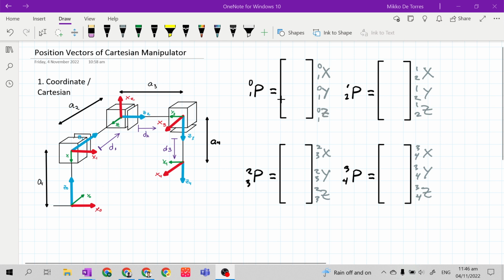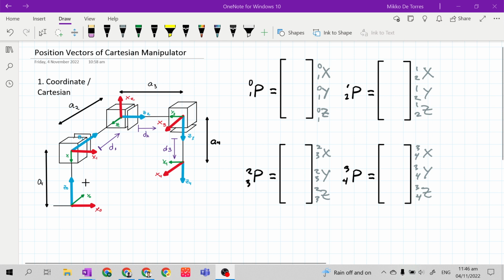So we will get the position vector from frame 0 to frame 1, or P01, or the position vector of frame 1 reference or relative to frame 0.